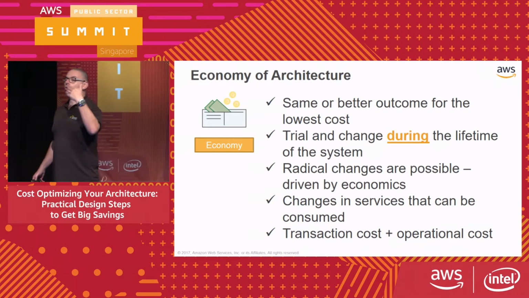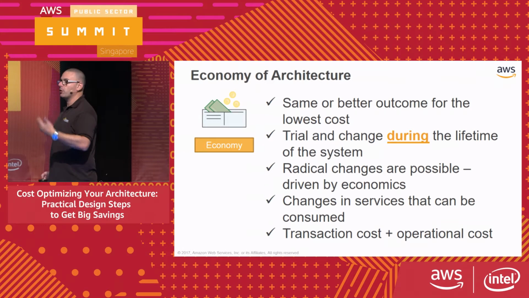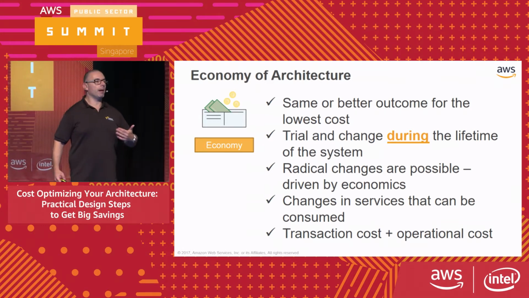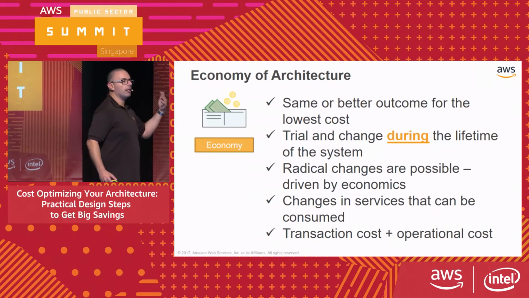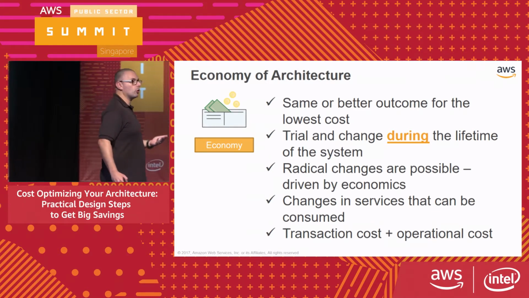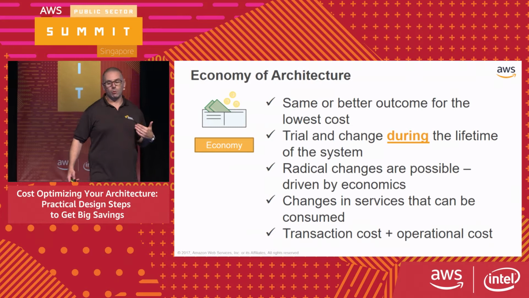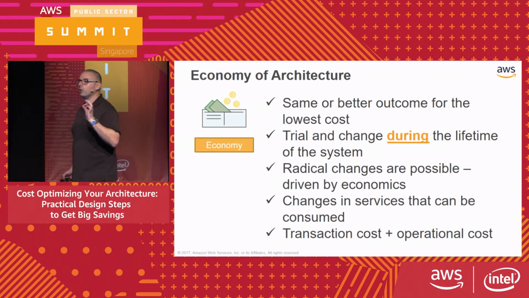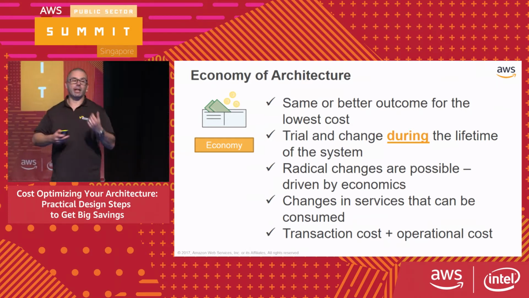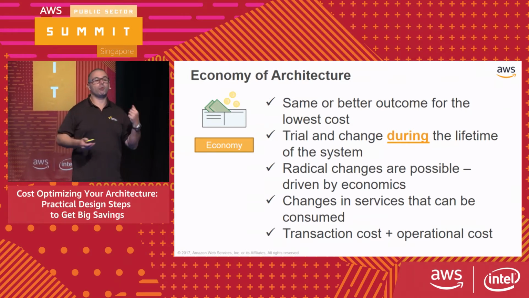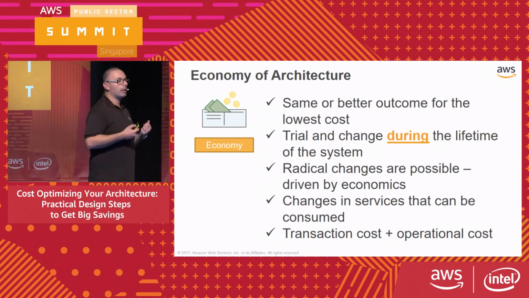You can make changes during the life cycle of the system. This is not a world where we make a big capital expense up front and we're stuck with the hardware, the infrastructure, or even the software choices that we made years before. We can make radical changes, and sometimes this can be driven by changing business models or economics. Other times it can simply be driven by the fact that new, different, and more cost-effective technologies become available to us.